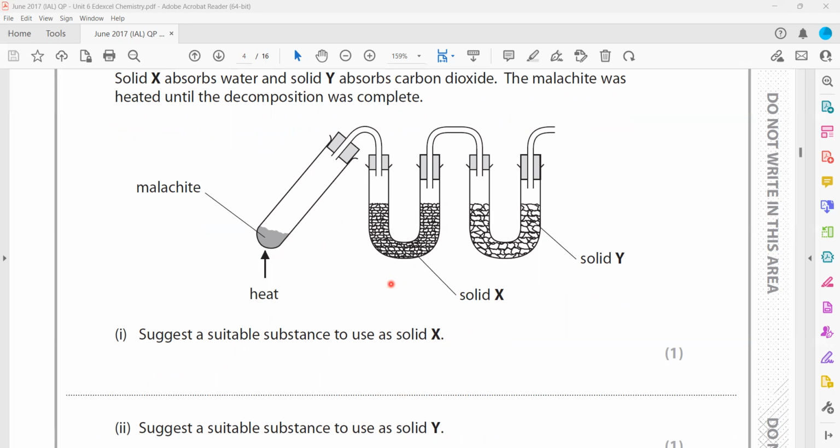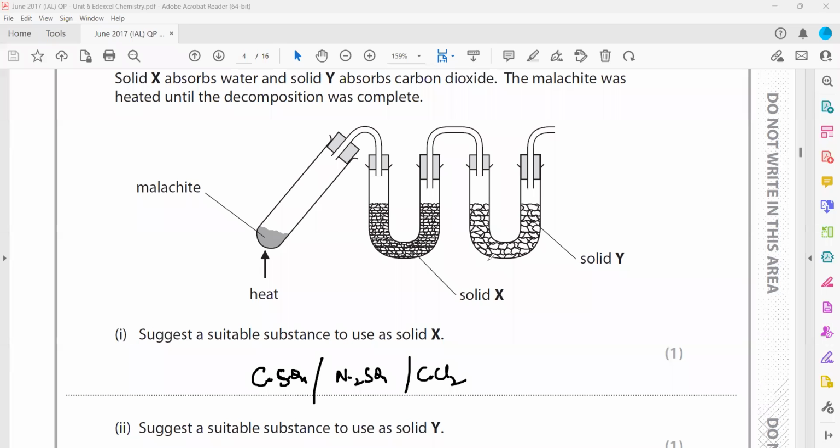What are the common drying agents we use? We use anhydrous calcium chloride or sodium sulfate, or calcium sulfate is also right.